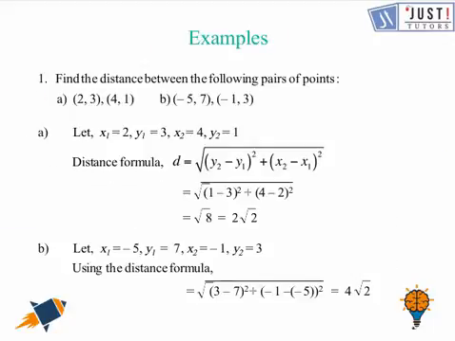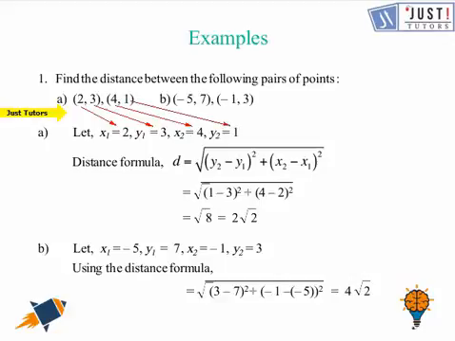Let's see an example to make it more clear. We need to find the distance between the pair of points given to us in the question. What we need to do here is mark the value of x1, the value of y1, the value of x2, and the value of y2.